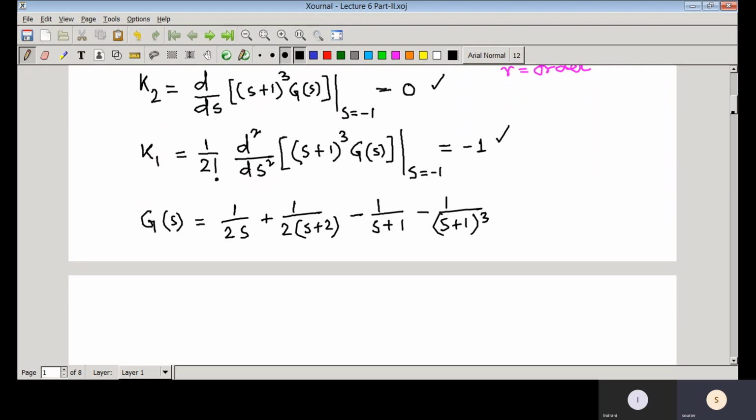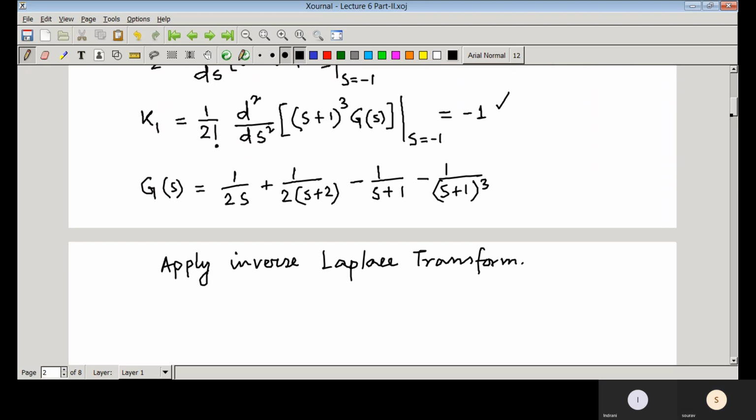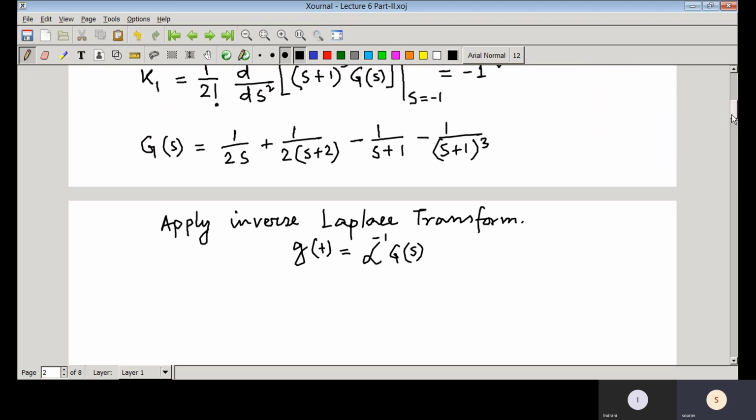Then we apply the inverse Laplace transform. So if you apply inverse Laplace transform, what will you get? GT would be equal to inverse of GS, and you can just apply the formula that we have discussed in part 1.